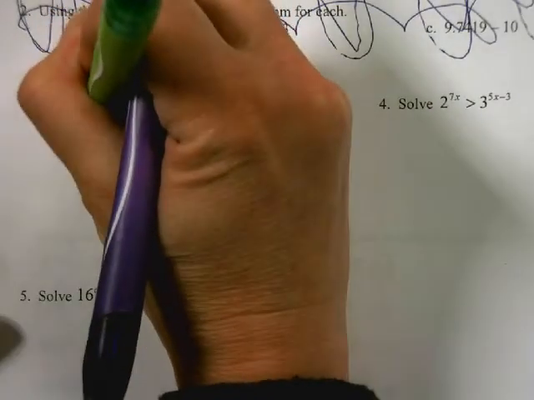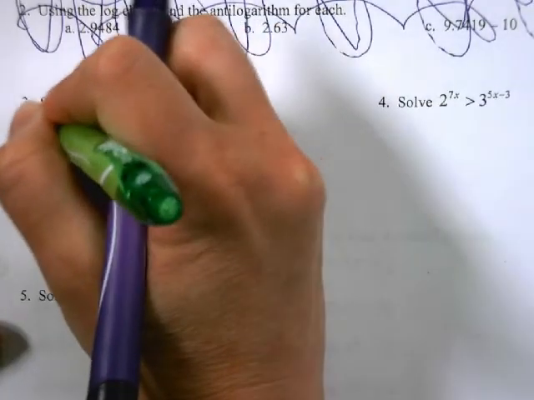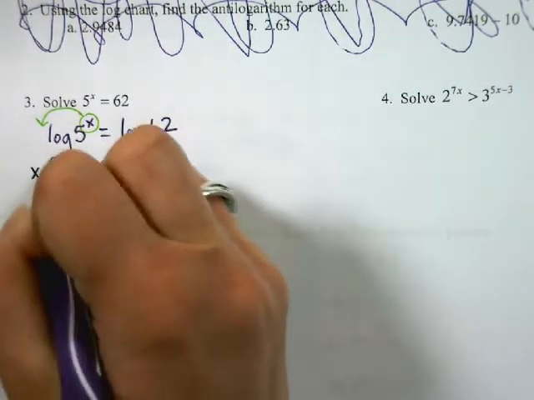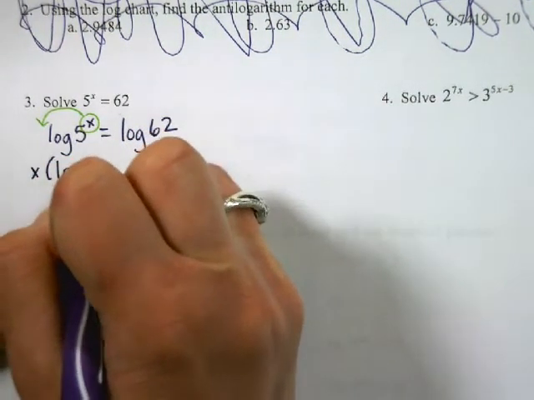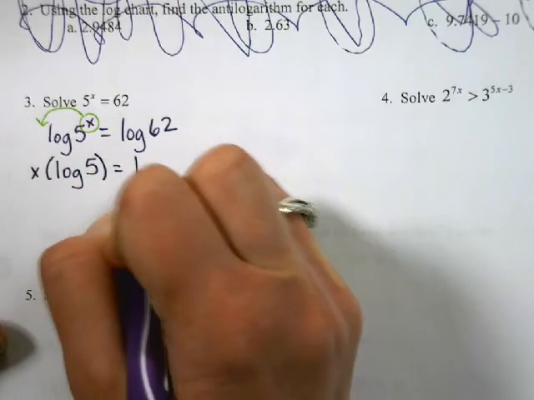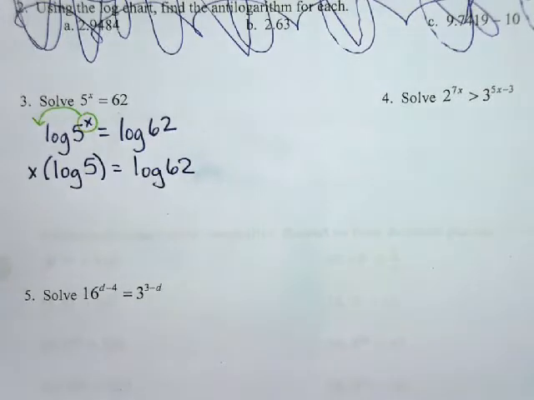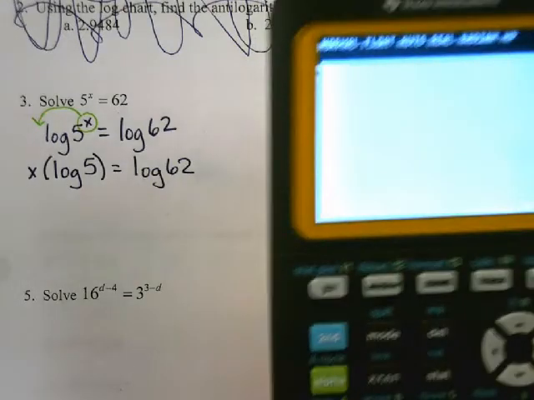Now, that exponent can come down as a coefficient. So this is x times log of 5 equals log of 62. You're going to say, how the heck are we going to solve that? We're going to use our calculator. So, here we go. Let's investigate our calculator a little bit.